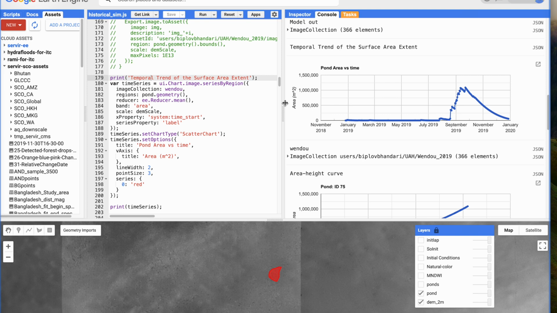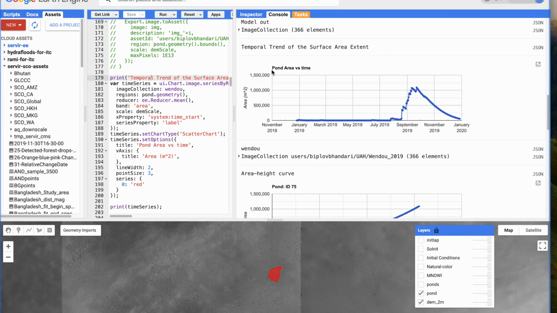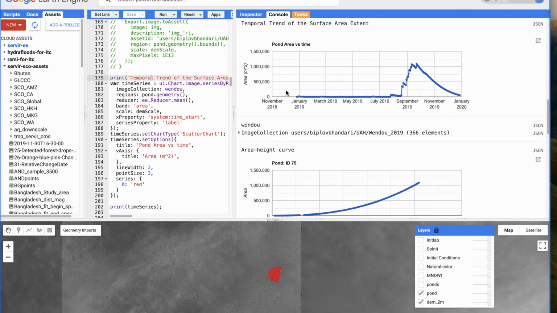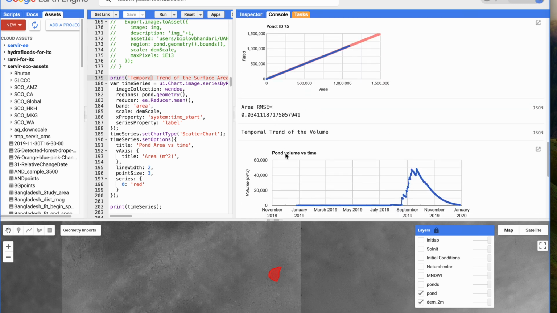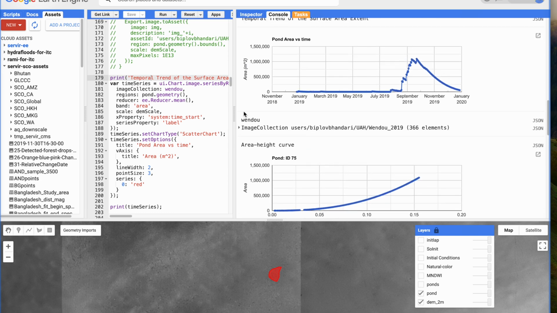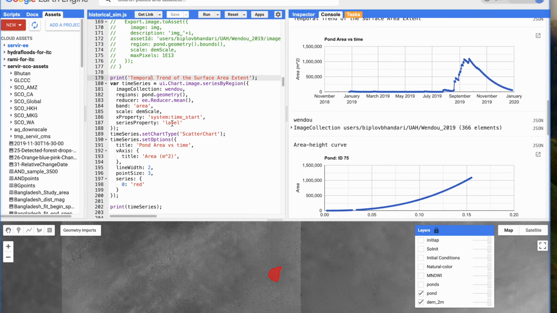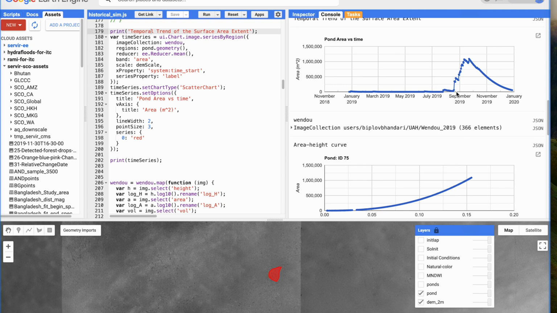So now we can go back and draw the area versus time curve, as well as the area versus height curve, or the volume versus time curve. If you try to correlate this with your precipitation component, you will see a similar pattern where your volume would be increasing depending on how much rainfall it's getting for that time period.